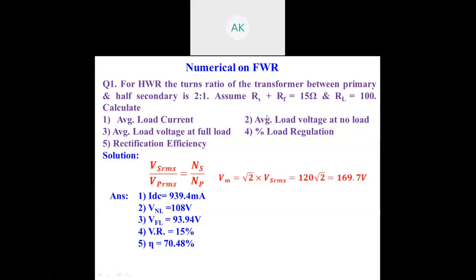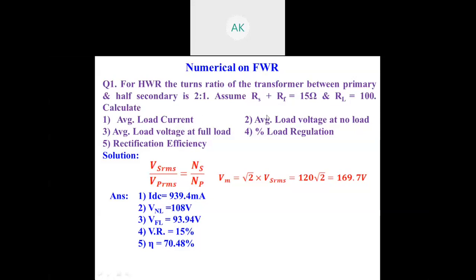Now what is the VDC? Can you find VDC at a no load condition and the full load condition? Please reply, any one of you. Can you find the average load current, load voltage at no load? What is the expression for a full wave rectifier?